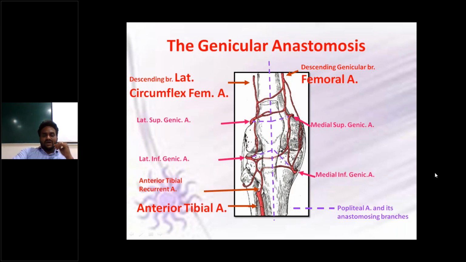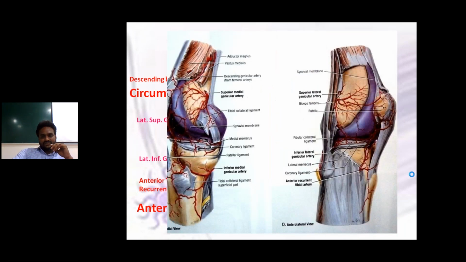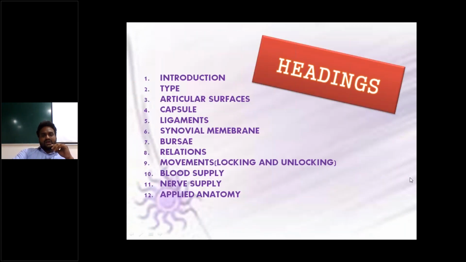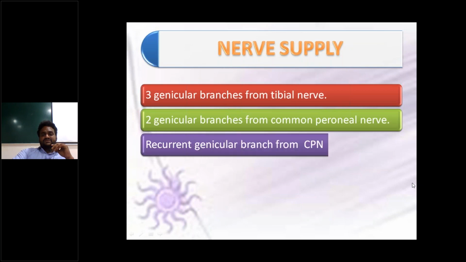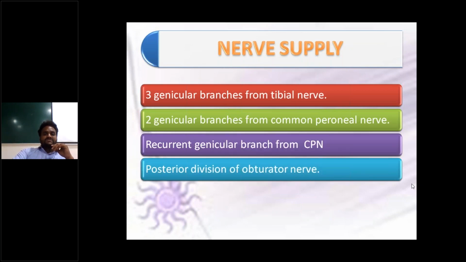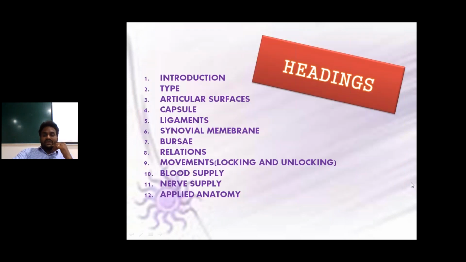They form the arterial anastomosis around the knee joint and supply the structures of the knee joint, mainly the ligaments. Now we come to the nerve supply of the knee joint. Branches from the tibial nerve, common peroneal nerve, obturator nerve and femoral nerve supply the knee joint. So this is about the knee joint.